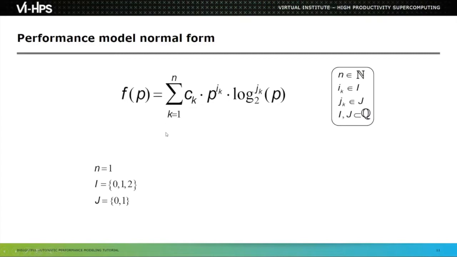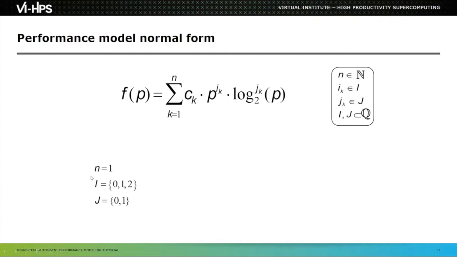Now what we also can do with this performance monomial function is restrict the search space. First of all, with the n here, we can determine how many of these building block combinations we can have. This combination here we would call a function term. So n here determines if we are allowed to have 1, 2, 3 function terms, or maybe even more.